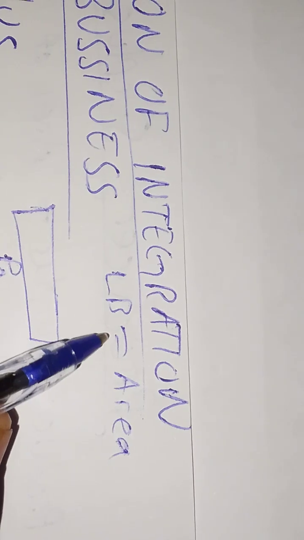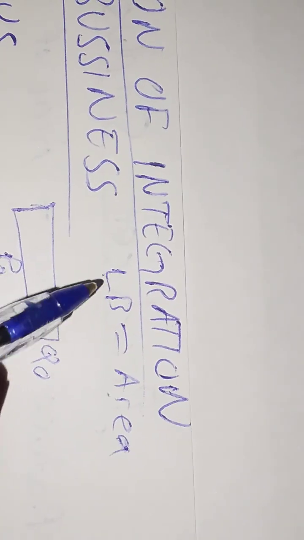Our length is PO. Our width is QO. PO times QO. That's where we get this. So this is the area of the rectangle.